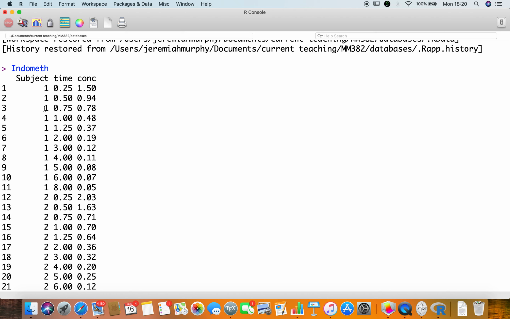We haven't talked about this yet, but we will do. It's not a numerical quantity at all. It just labels the subject that the data for time and concentration was obtained from. So really, we're not interested in the subject data at the moment. All I'm interested in is plotting time against concentration and seeing what happens.